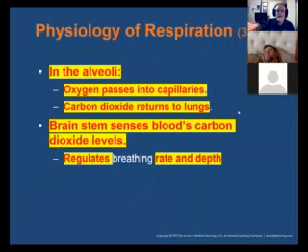We know what happens in those capillaries. The oxygen moves into the capillaries, and then from the venules, carbon dioxide moves out, and that is where the oxygenation takes place.